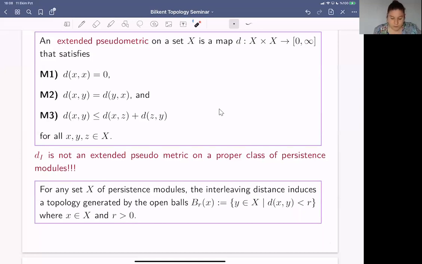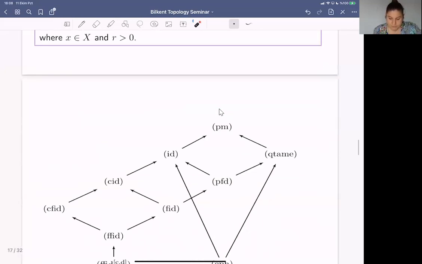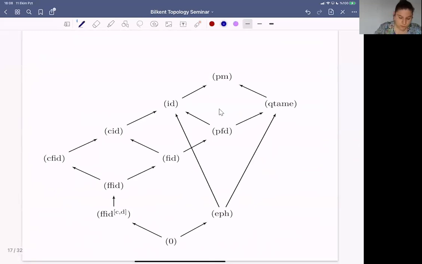But at this point, this is the class of persistence modules. This is not a set. Maybe we can consider some various classes. Maybe we can classify them, and then we can determine which ones are sets and which are not sets.